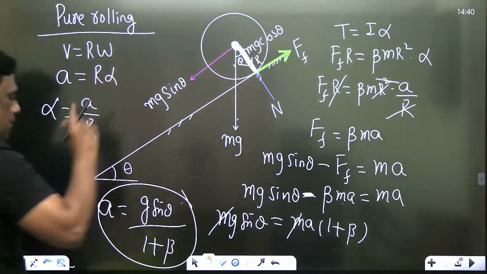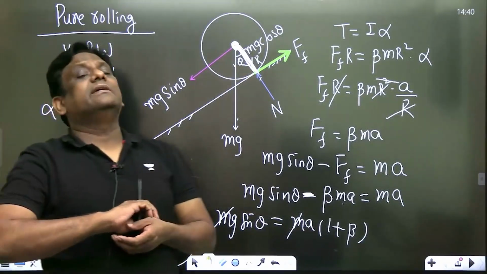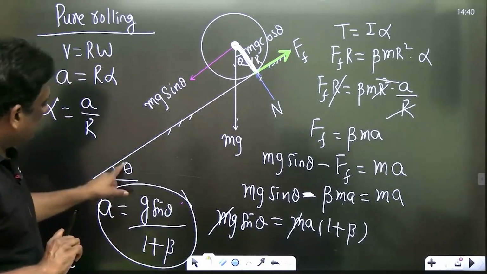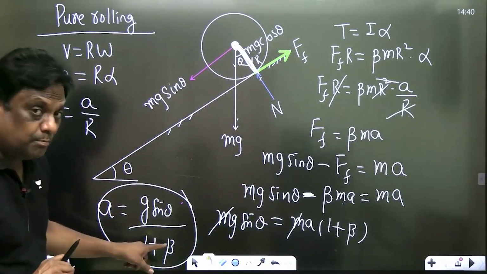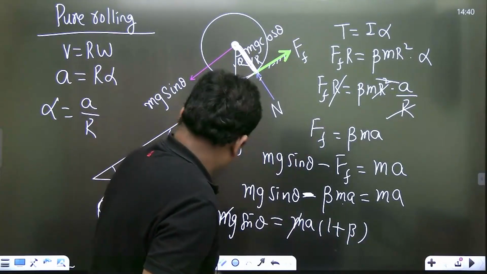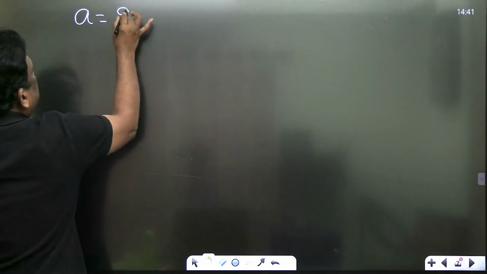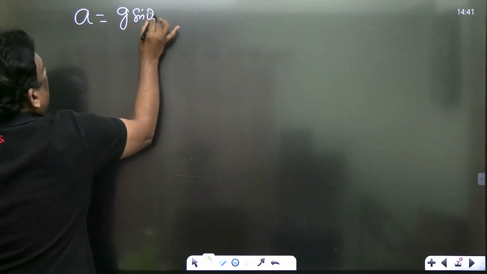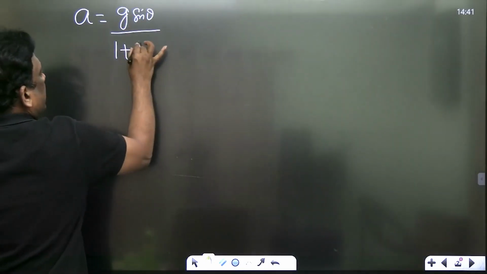This is very, very important. So the acceleration is independent of mass. It depends on the angle and it depends on beta, which is the coefficient of moment of inertia. Okay, so the acceleration is given by g sin theta by 1 plus beta.